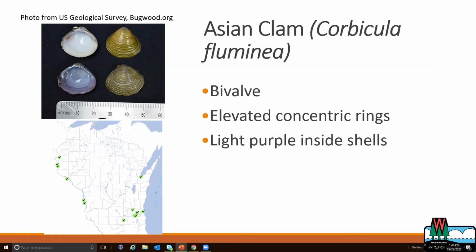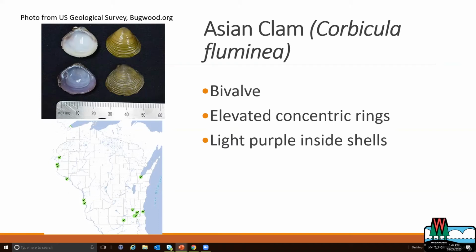When populations show up, they can really carpet the bottom of a water body and become kind of the substrate of that water body. So we do have some distinct Asiatic clam populations in the state, relatively newer ones in the Rock County area.